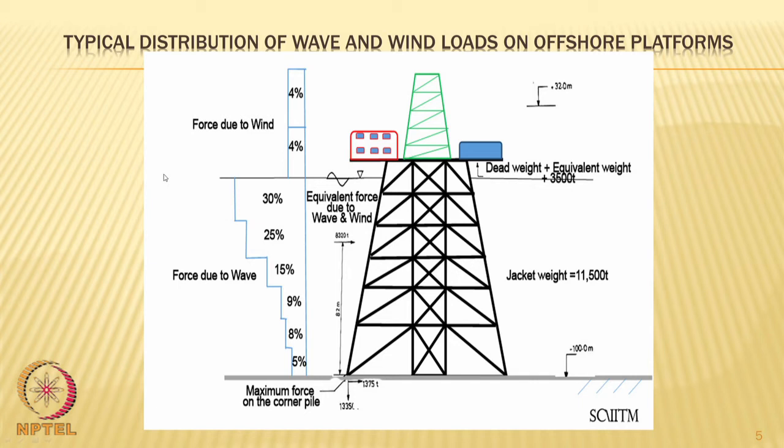So, this variation is highly non-linear, which has its maximum near the mean sea level and practically 0 near the mud level or let us say seabed level. So, this is a typical combination of wave and wind load acting on the jacket platform as a lateral load, which are not actually special loads but conventional environmental loads.